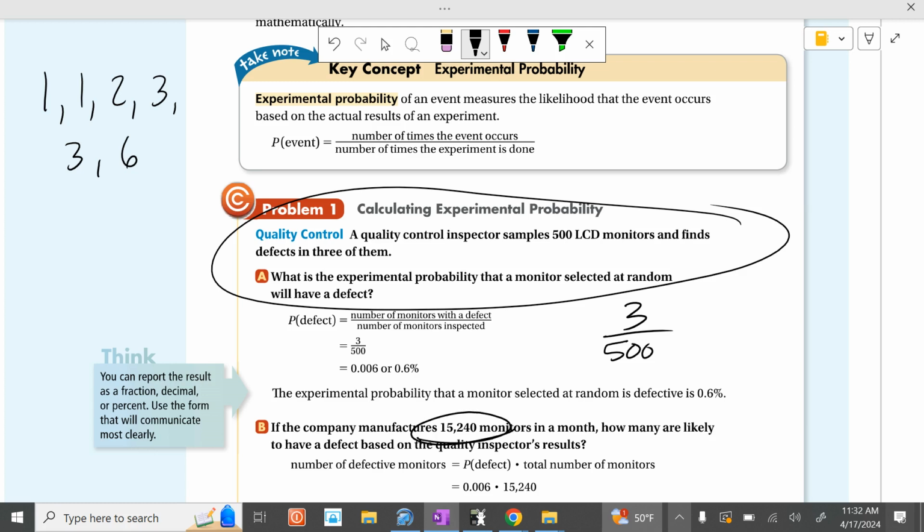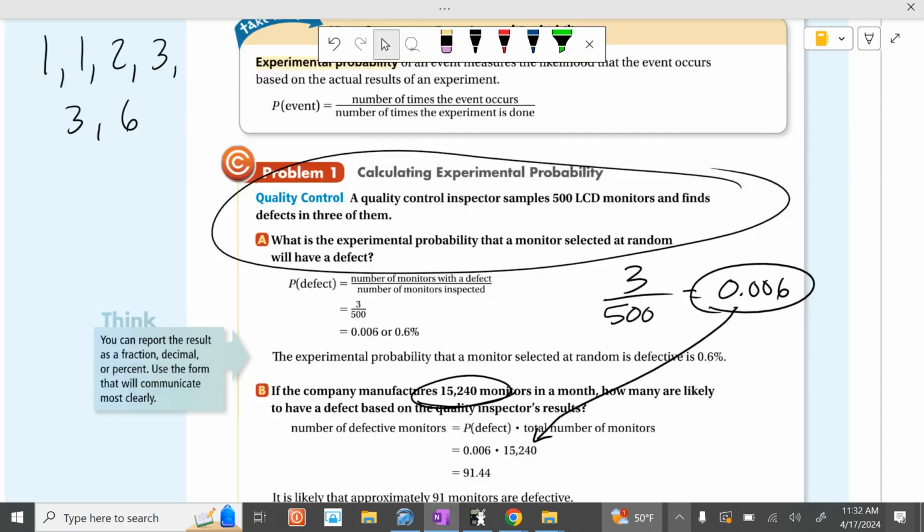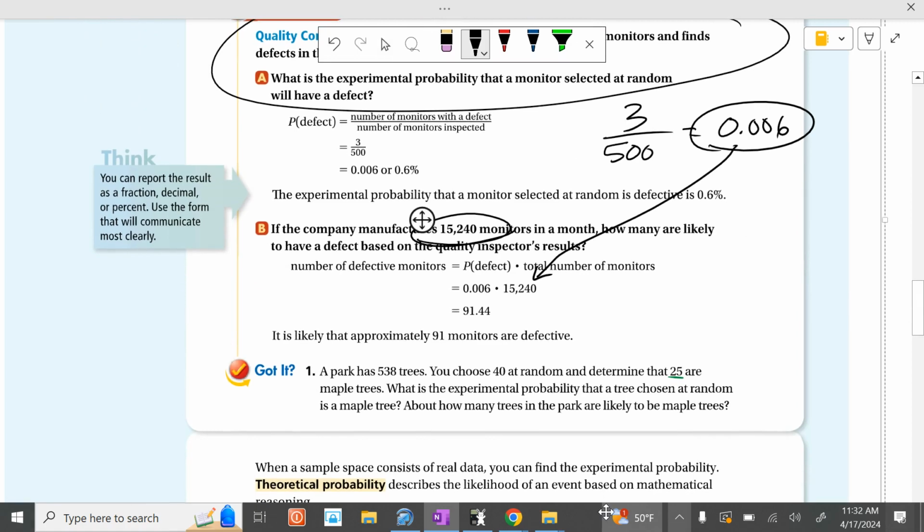So if they produce 15,240 monitors in a month, what's the probability that they're going to have a defect? Well, this is 0.006 or 0.6%. So you take that 0.006 times the number of monitors, 15,240, and about 91 monitors will have a defect.